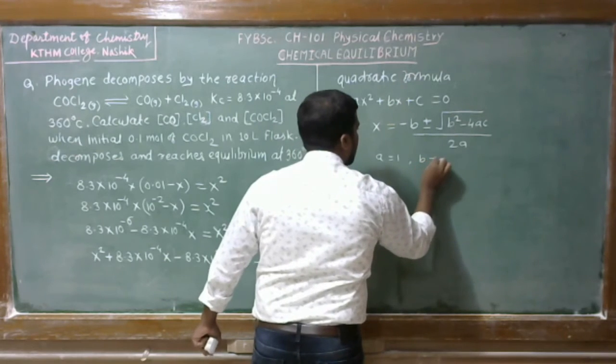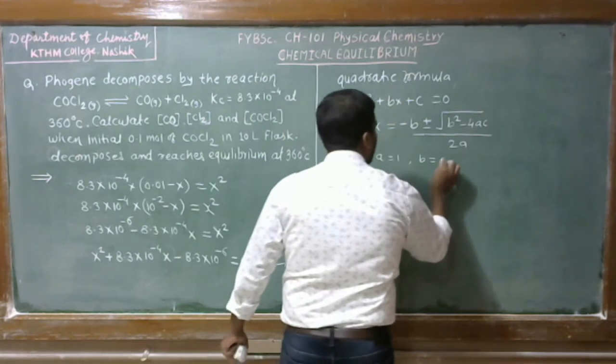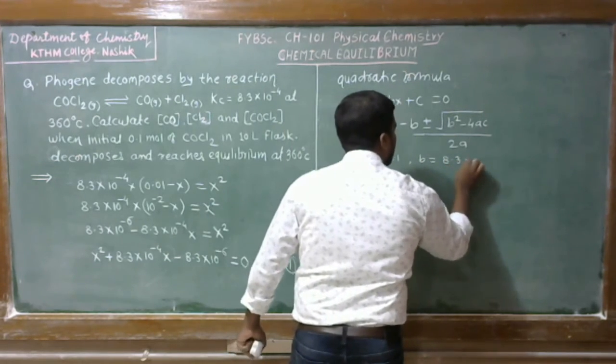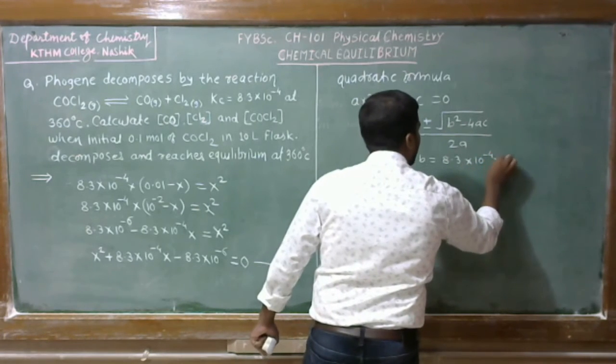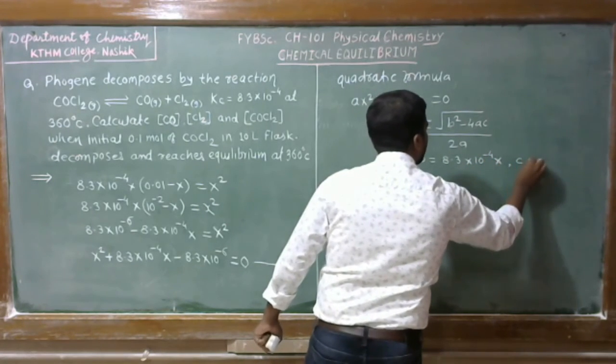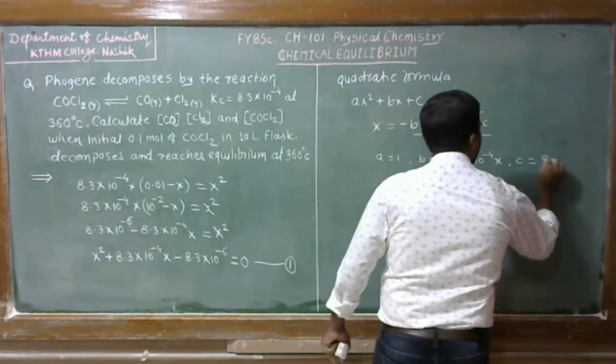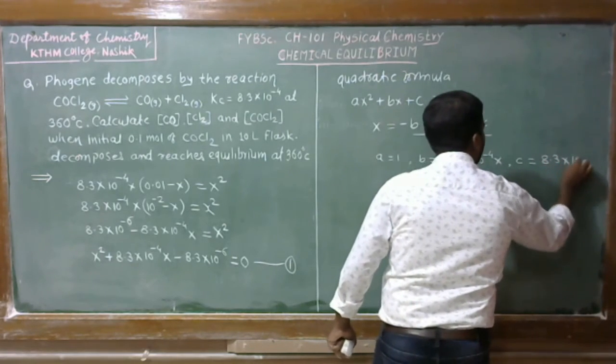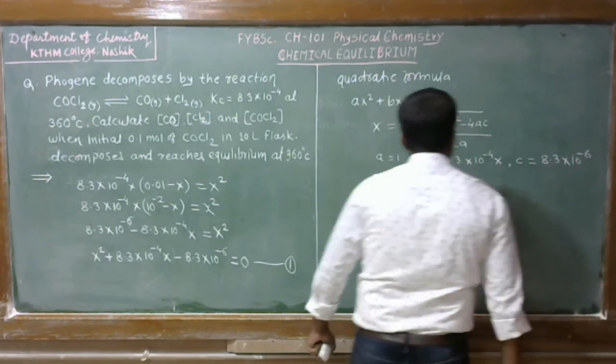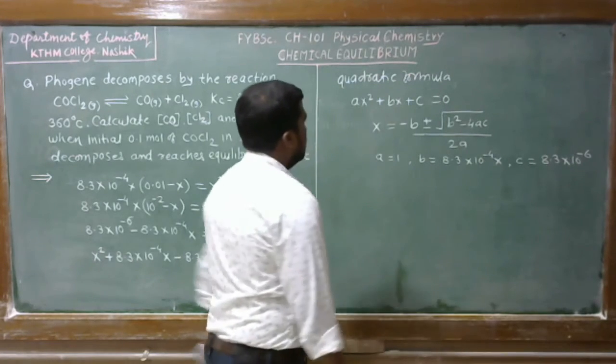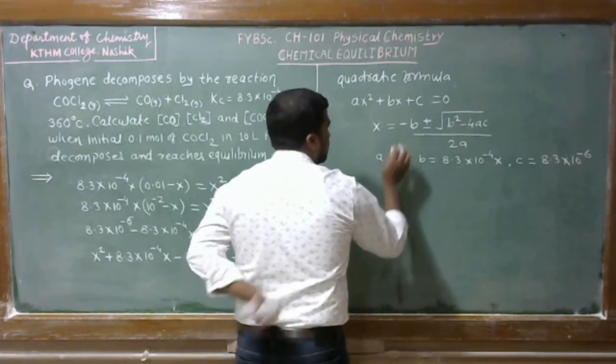Then for b, it is 8.3 into 10 raised to power minus 4, and for c it is 8.3 into 10 raised to power minus 6. Now put all these values in this equation.